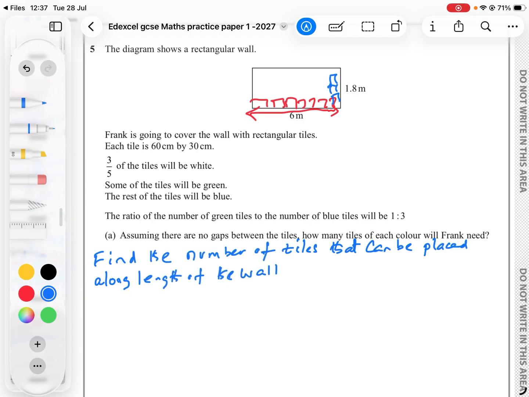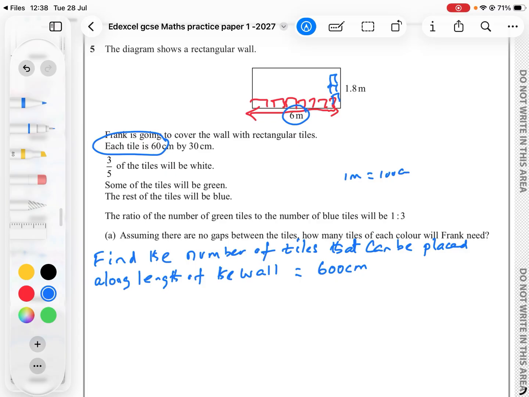So that means this one is 6 meters, 600 centimeters. 1 meter is 100 centimeters. So 6 meters is 600 centimeters. But each tile is 60 centimeters.